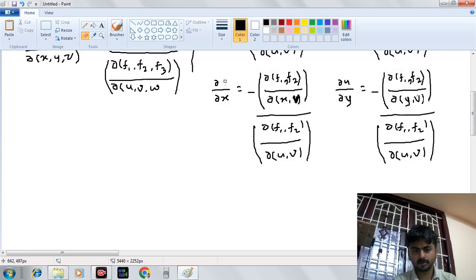So when we are differentiating this ∂v with respect to x and ∂v with respect to y, then with respect to x means the first term is x, but the next term will be u.